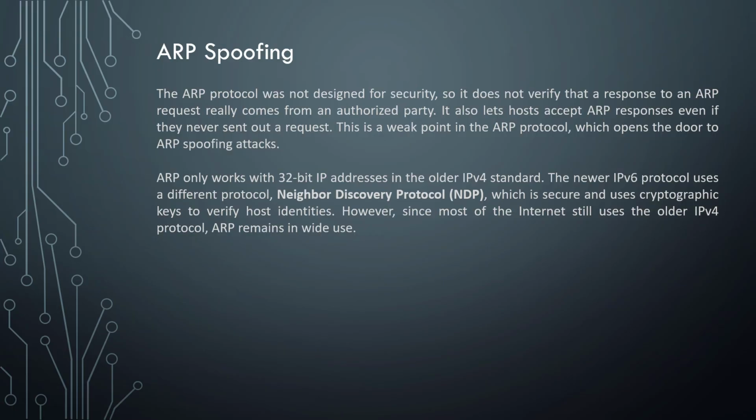The source machine will then send the packets to the hacker machine instead of sending them to the destination. Then the hacker machine forwards the request to the destination after intercepting the message details.